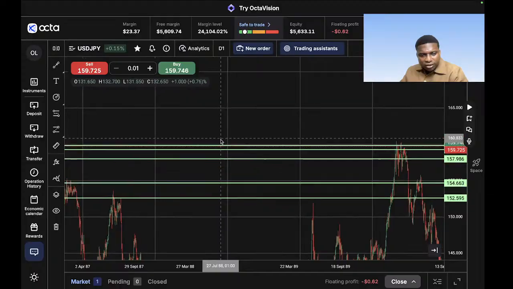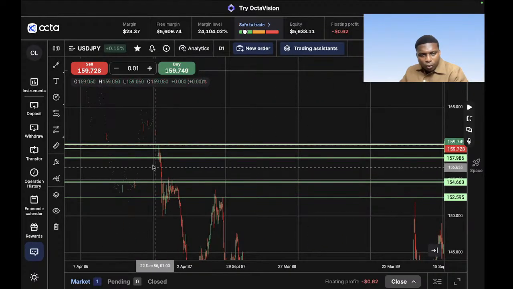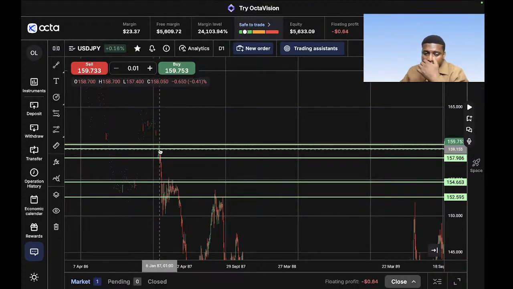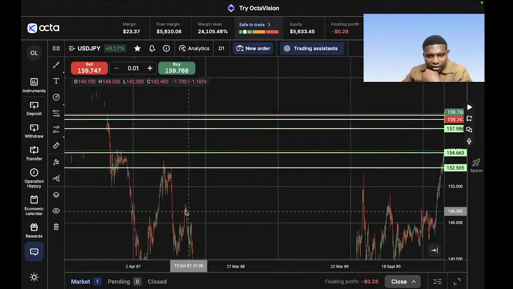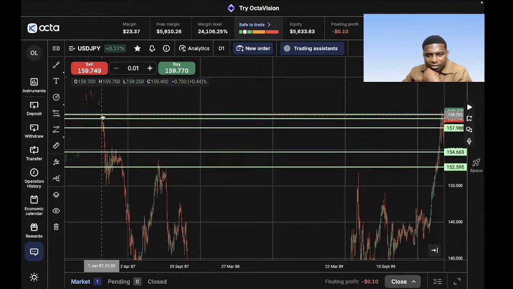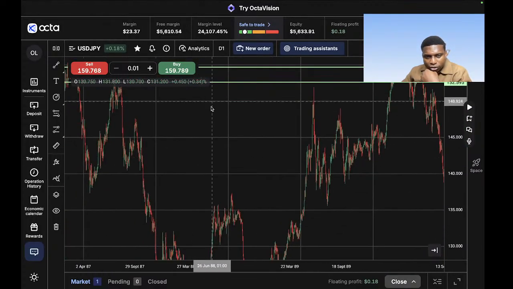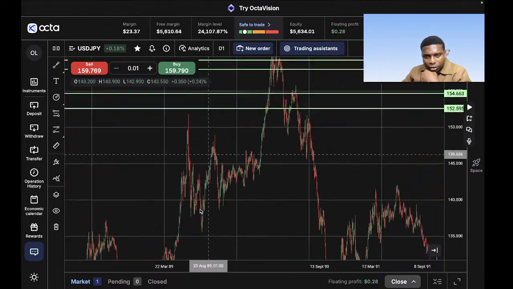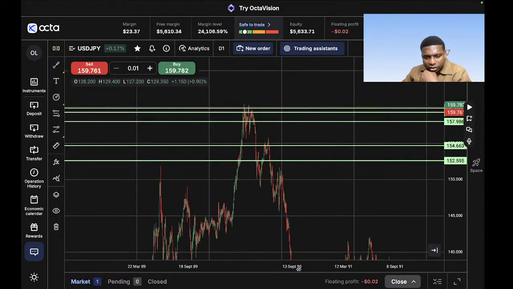So you can see that when USD JPY was launched, in 1987, you can see that was like the first time it traded at 159, and then it dropped massively, came up again in September 1990 to 160.